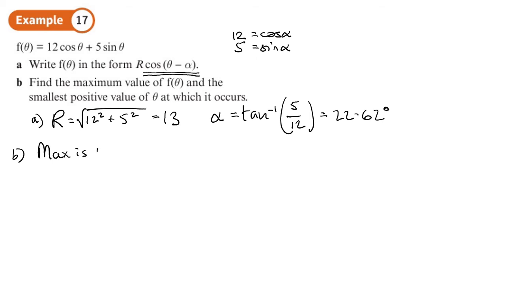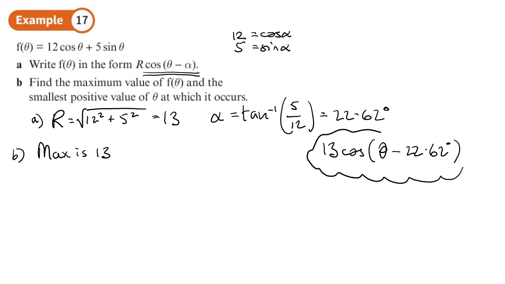Max is 13, easy, because the graph will go up to 13 and down to negative 13, because we've changed it into this: 13 cos(theta minus 22.62 degrees). Okay, and a maximum of that is 13.